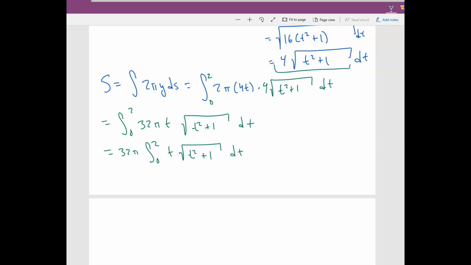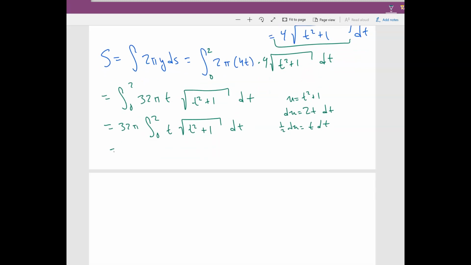Okay. Here we're going to do another u sub. Of course you could use trig sub if you want, but u sub I think is a little easier. So let t squared plus 1 be u, and then du is going to be 2t dt. So 1/2 du is equal to t dt.